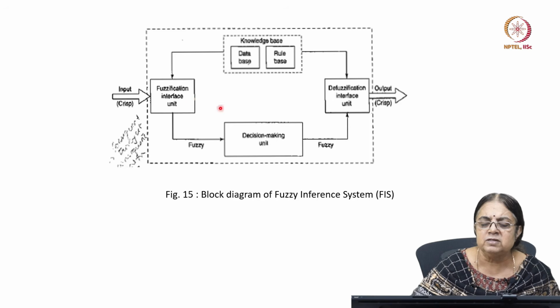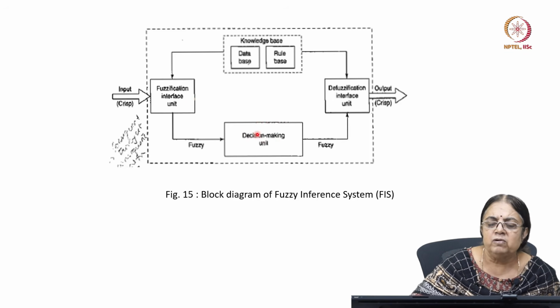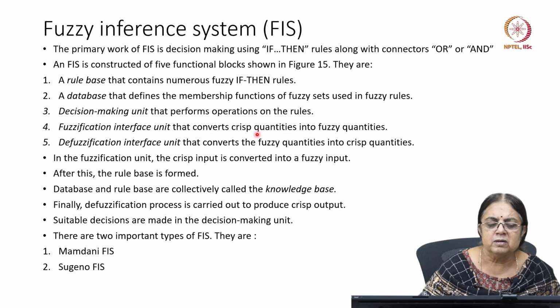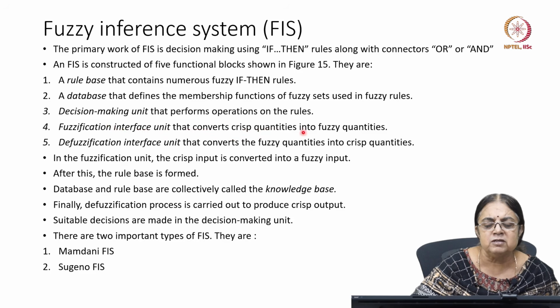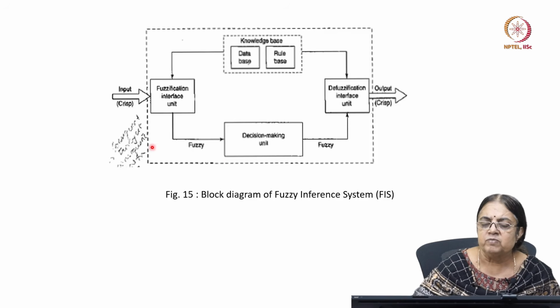Then we have the decision making unit which actually makes the decision on what is your output. And then we have the fuzzification interface unit that converts crisp quantities into fuzzy quantities, and you have the defuzzification interface. So whatever decision you are making, you are getting a fuzzy value, and you are going to carry out defuzzification here to get your crisp output.